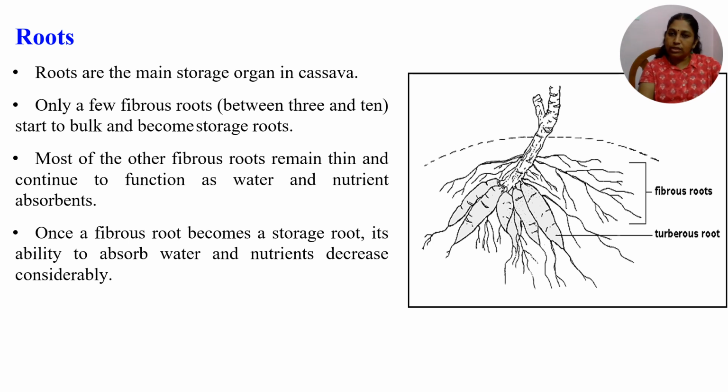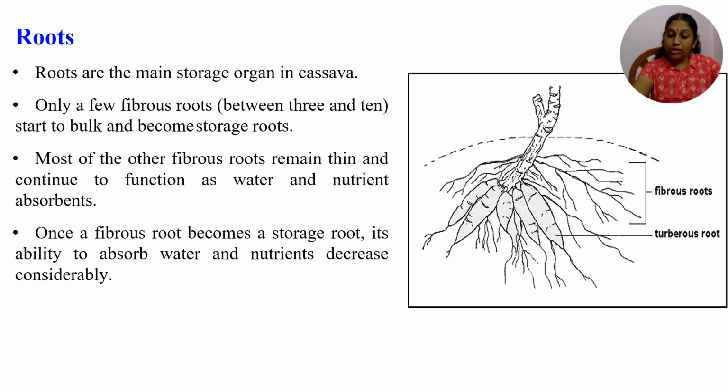Fibrous roots do the primary function of absorption of water and nutrients. The second one is tuberous roots, which store the carbohydrates and become bulged, and they are the economic part here.